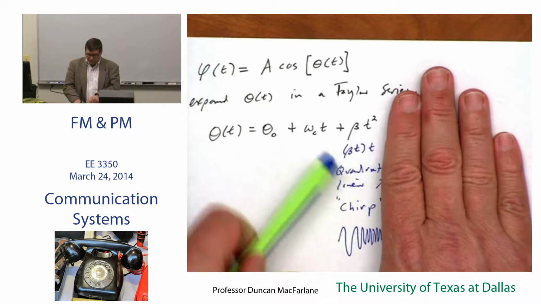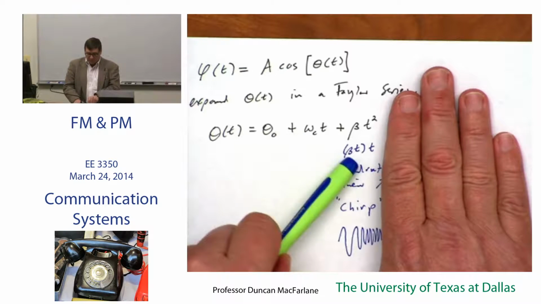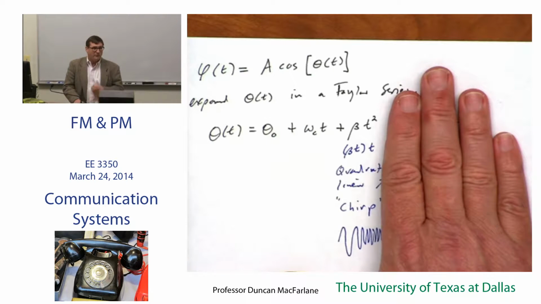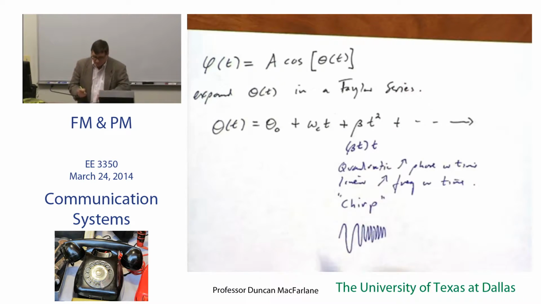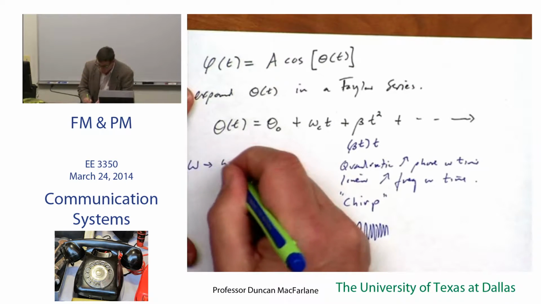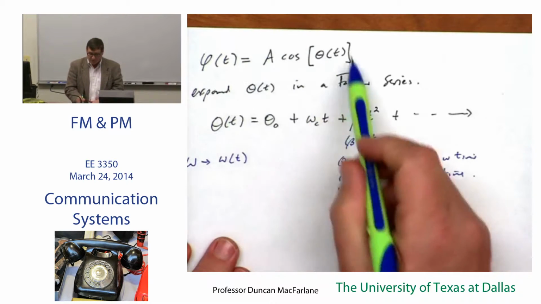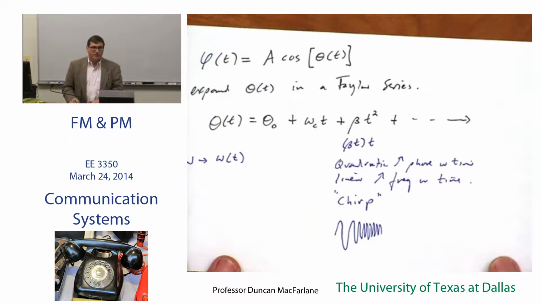And so I say, well, my frequency is omega c plus beta t. Omega c plus beta t would be my frequency, and notice that frequency becomes a function of time. Okay, so frequency goes to frequency as a function of time. So at any given instant, I have a unique frequency associated with this term.